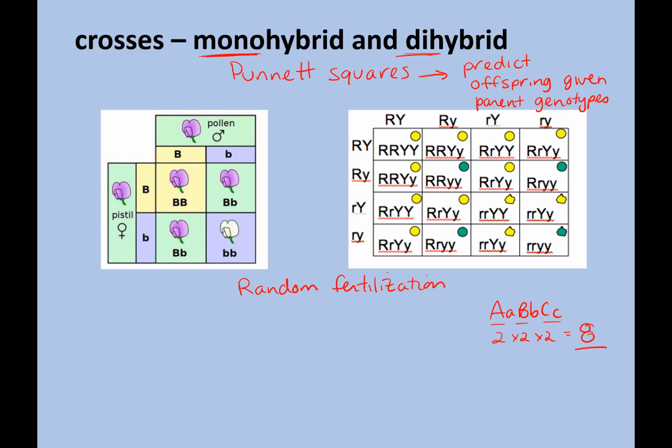What I want you to remember is, yes, you still only can produce 4 possible gametes, and in females it's really only 1 gamete. But these are all the possible combinations. So you can start to think of how this really affects genetic diversity in offspring. Just because you can make that gamete doesn't mean it will happen. What we're trying to do with Punnett squares and crosses is to predict all the possible outcomes.